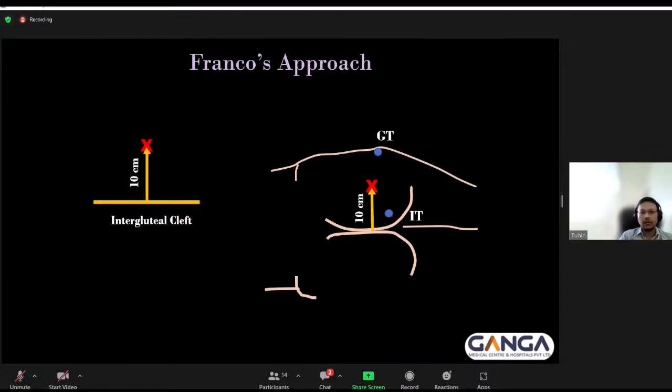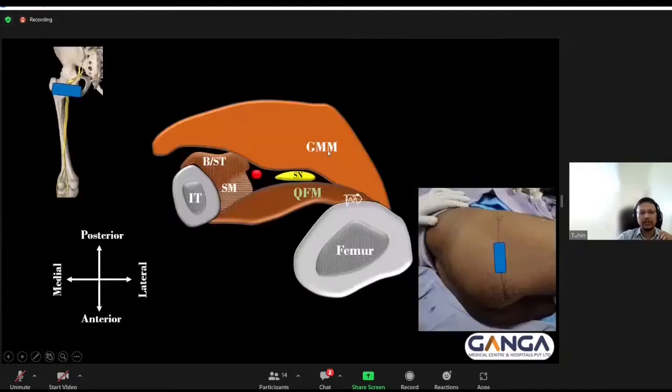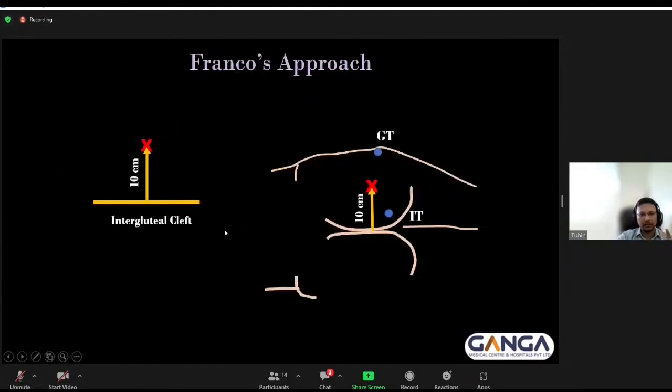But if you are not able to palpate these two landmarks, another simple technique was described by Dr. Franco, which is popularly known as Franco's 10 centimeter approach. You just have to identify the intergluteal cleft by simple visual inspection, and mark a point 10 centimeter lateral to the midpoint of the intergluteal cleft.